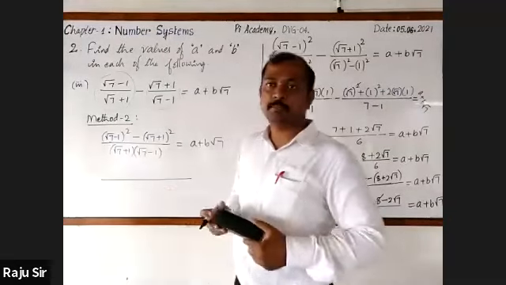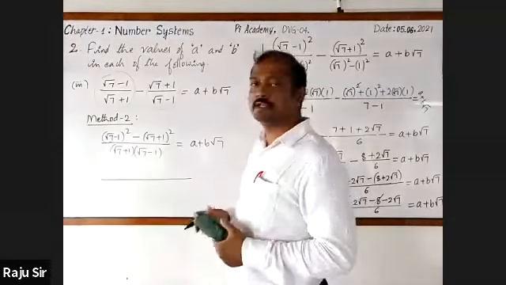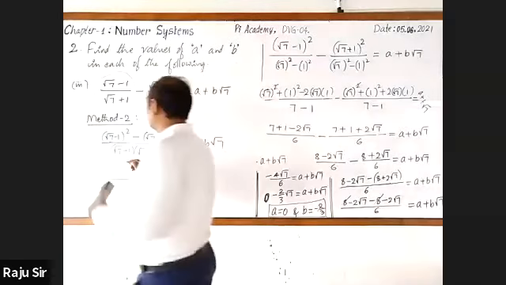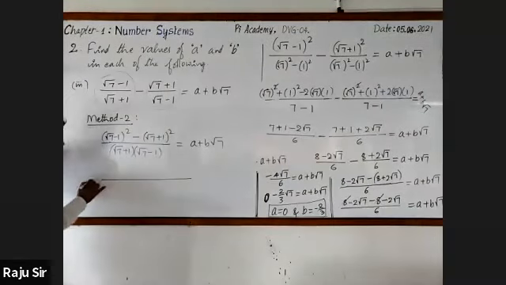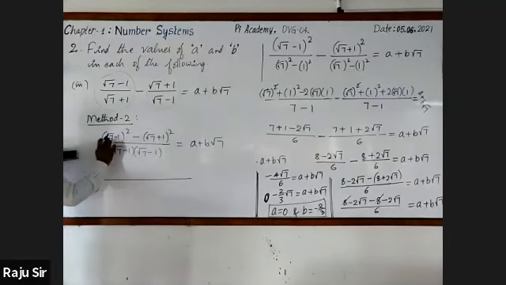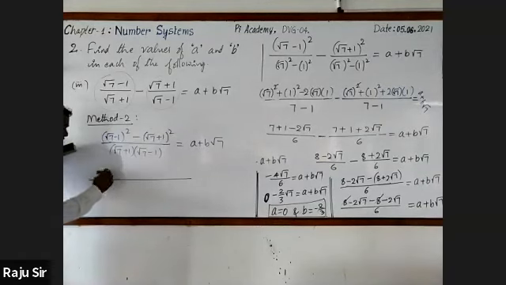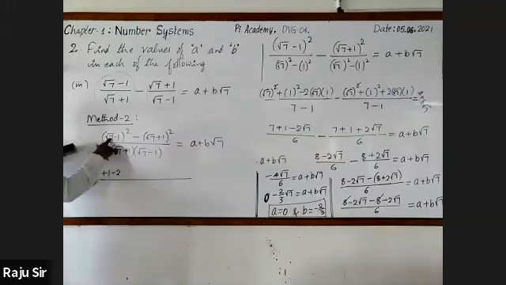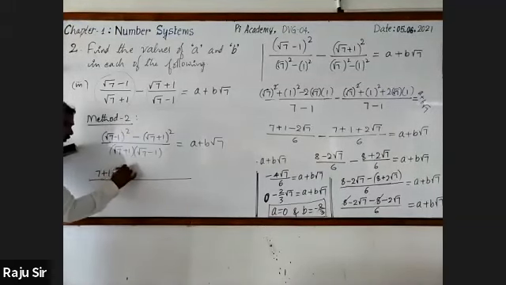Next, we take the identities A minus B whole square and A plus B whole square, which will mostly be easy for you. Root 7 minus 1 whole square is of the form A minus B whole square: A square, root 7 whole square is 7, plus B square, 1 square is 1, minus 2AB, 2 into root 7 into 1, 2 root 7.